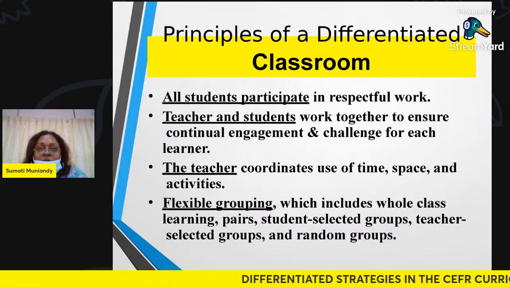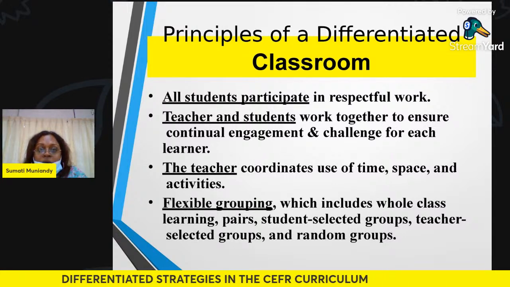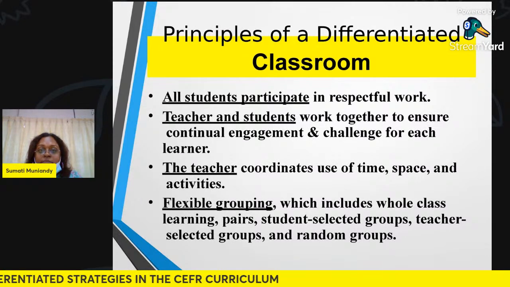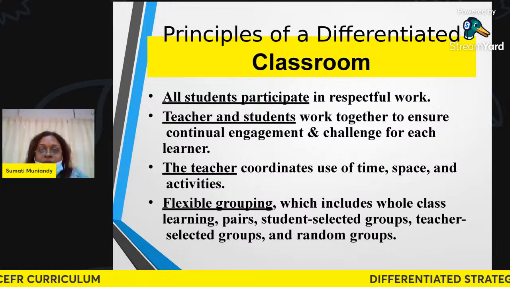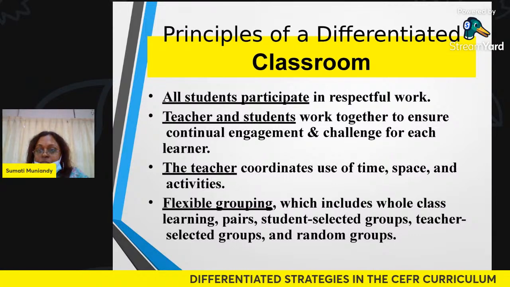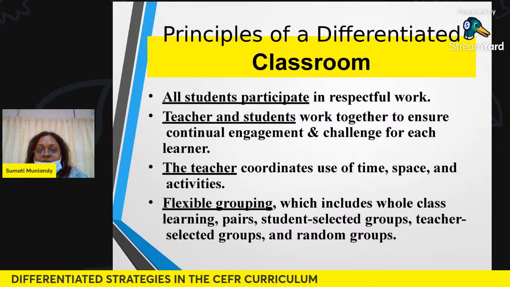The principles of a differentiated classroom. These are the principles that you have to know. All students participate in respectful work. Teacher and students work together to ensure continual engagement and challenge for each learner. The teacher coordinates use of time, space, and activities.